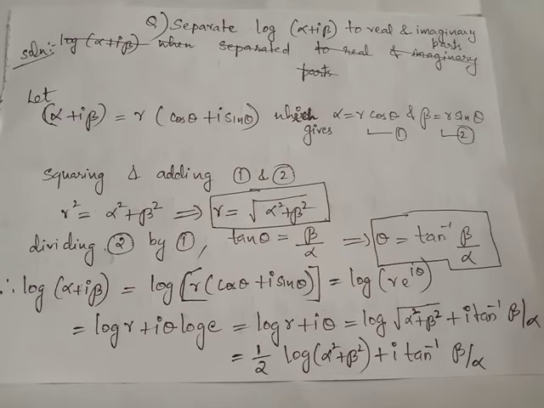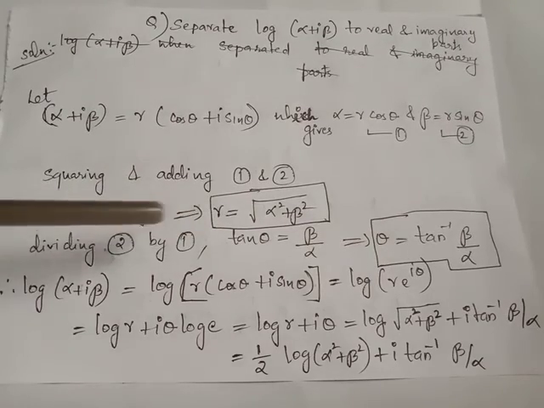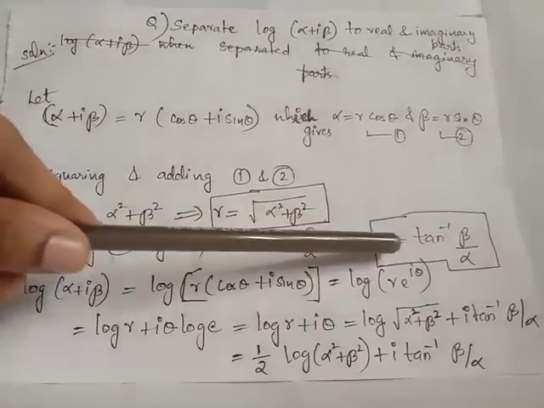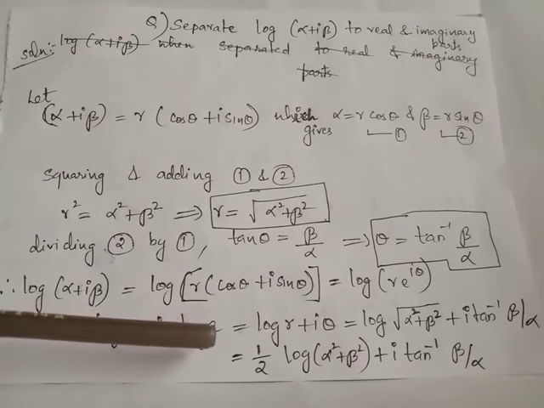We can write log of AB as log A plus log B. Also, log of A raised to B can be written as B log A. Using the two laws of logarithm, we can write log R e raised to i theta as log R plus i theta log e. Log e can be replaced by 1. Now we replace R by square root of alpha square plus beta square, which we already obtained, and theta can be replaced by tan inverse beta by alpha.